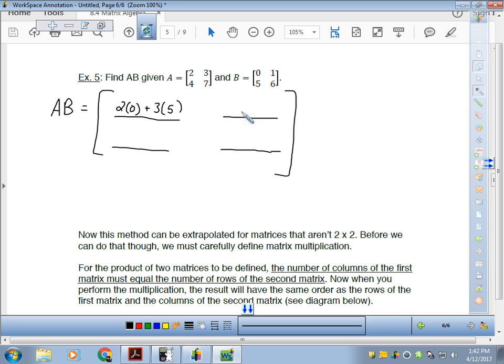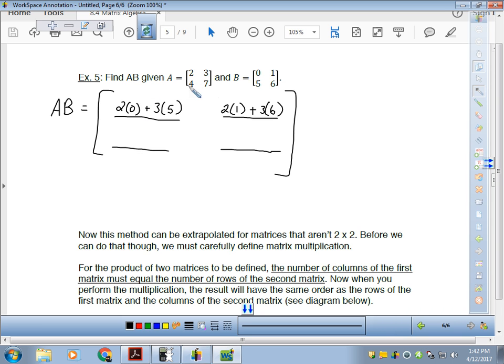For the next element over here, this is still row 1, but now it's column 2. So I'm going to take row 1, which is 2, 3, and I'm going to multiply it by column 2, which is 1, 6. So I'll have 2 times 1 plus 3 times 6. Okay. Going down to this element, this is now row 2, column 1.